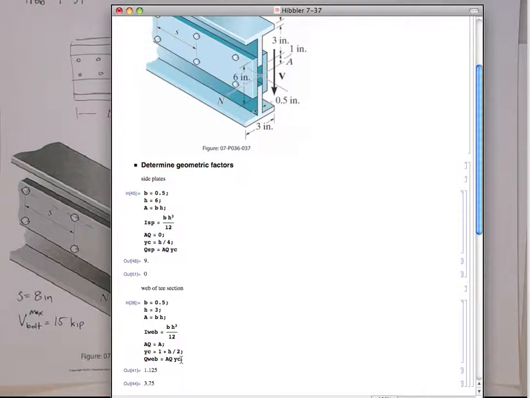So we have to do the web. So there's that. That's correct. And we need to do the whole web. So I should use the area. We want to get the Q of this whole section, so the area here should be the total area. And this is the YC. So that's correct.